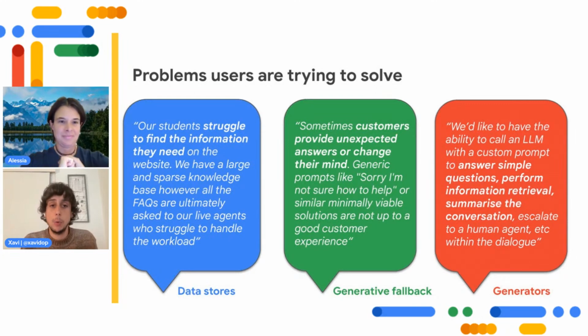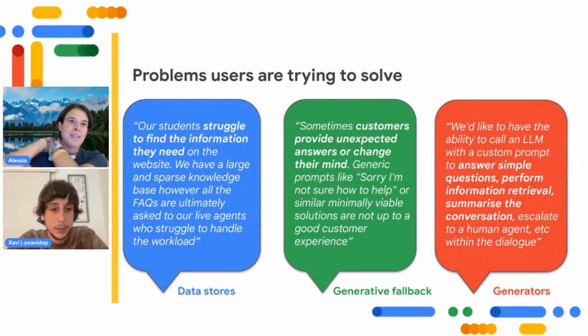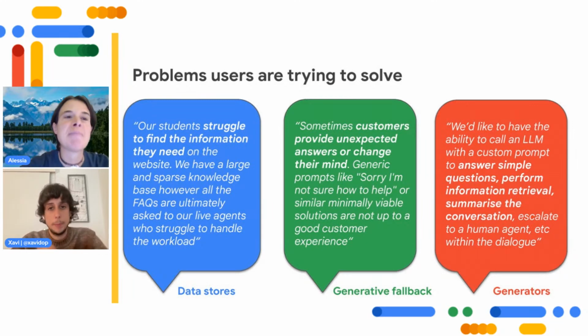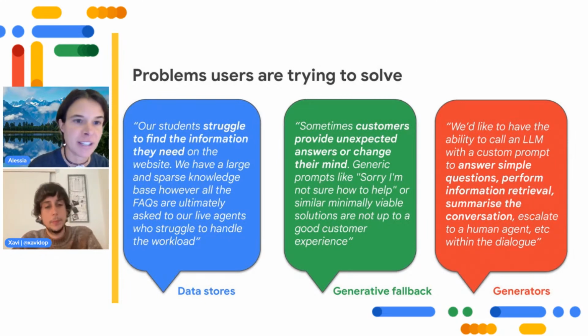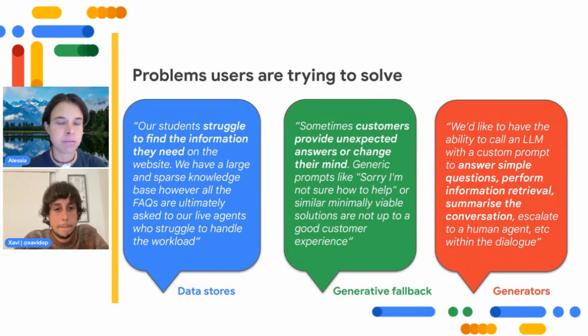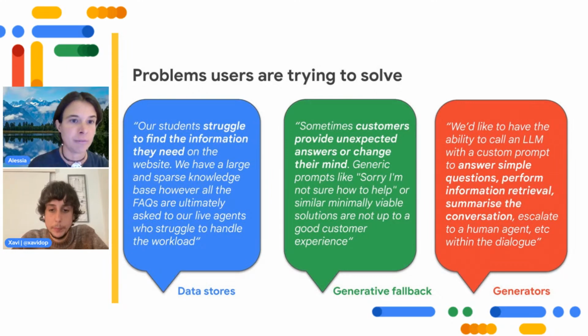And then, Alessia, what is the other problem that we have here and the solution? Well, something that we keep hearing from folks, especially from those who have played with the Palm APIs, is: okay, so LLMs are great at doing a number of things like content summarization, question answering, and even writing code and updating an object in a database.